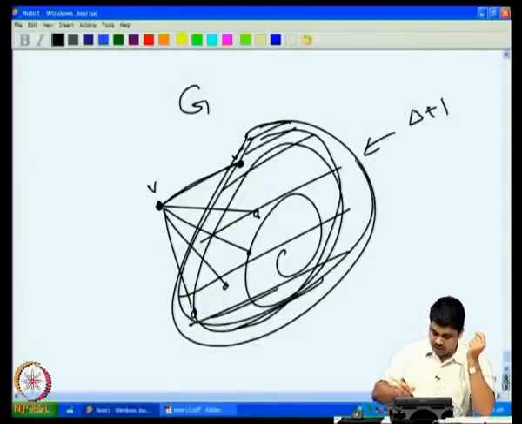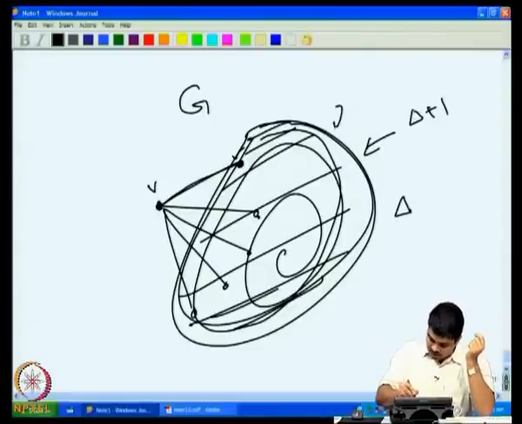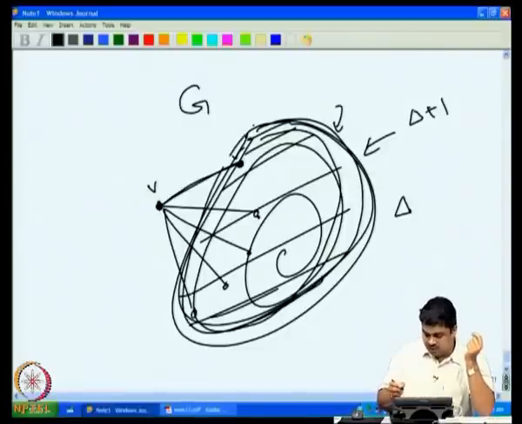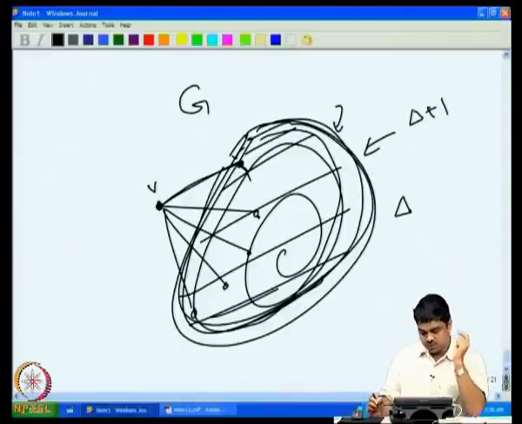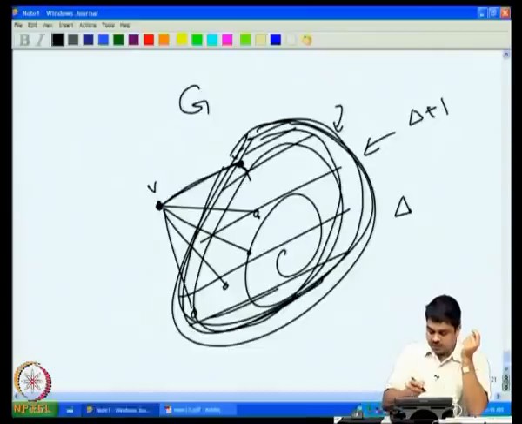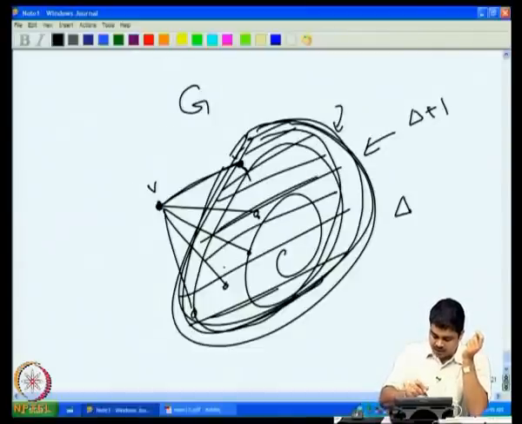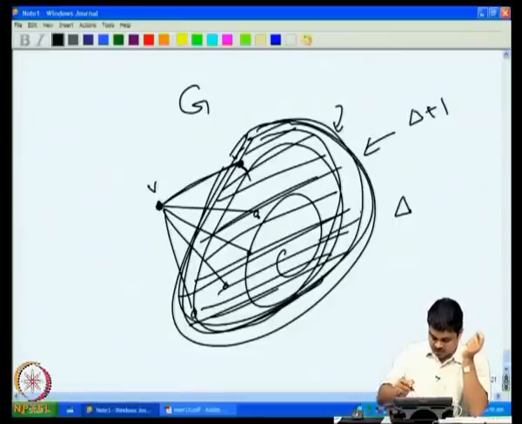This is a delta coloring for the original graph, which will have degree delta, and the maximum degree of this complete graph will be 1 less, right. Otherwise this itself will be a complete graph, and we don't have to prove anything. So we can assume that this subgraph has a delta coloring.